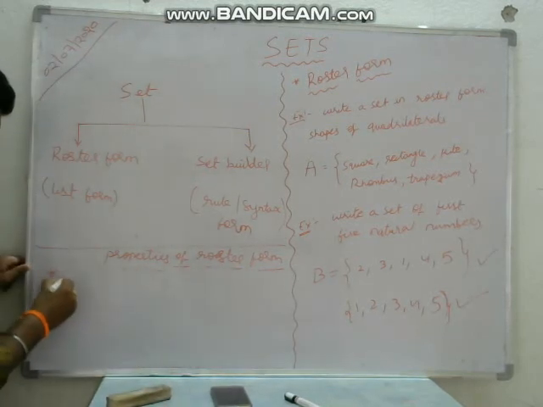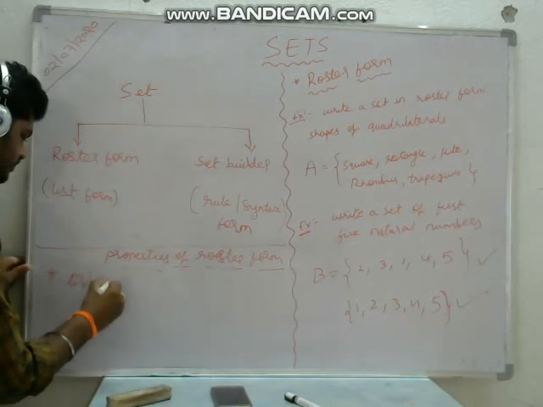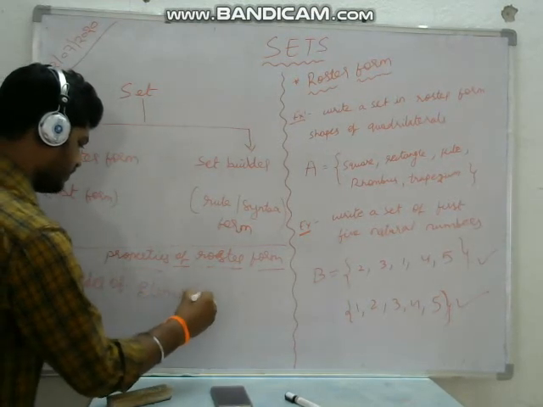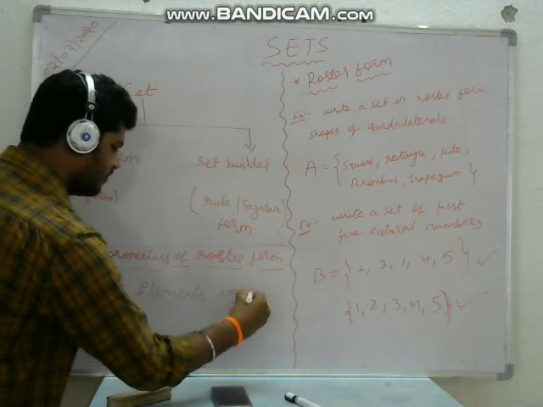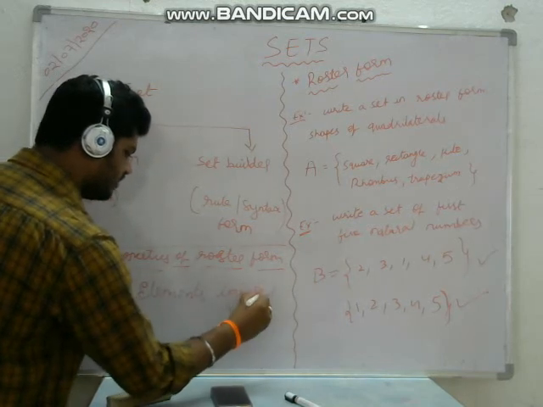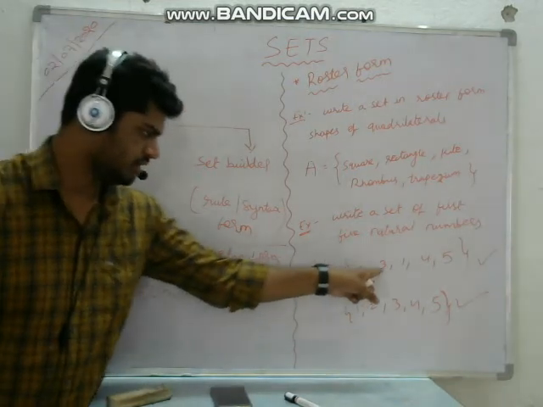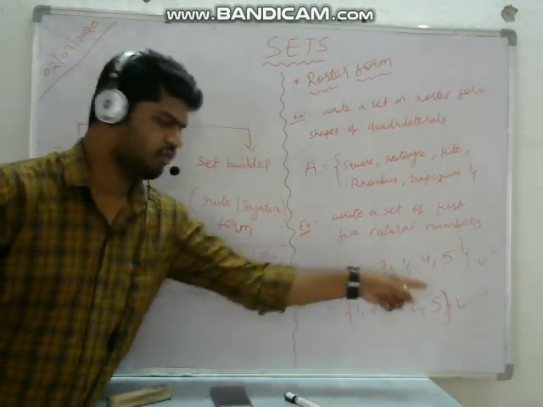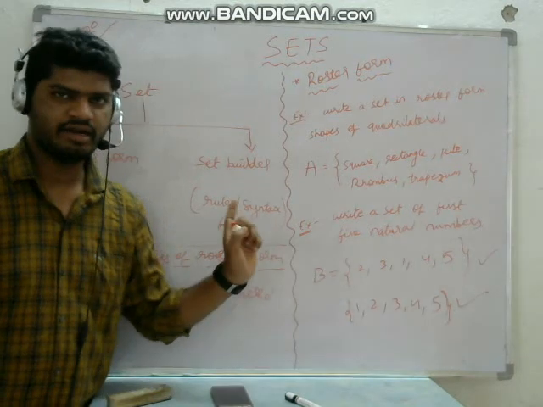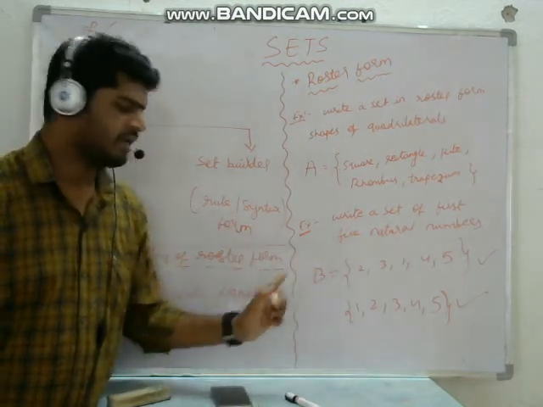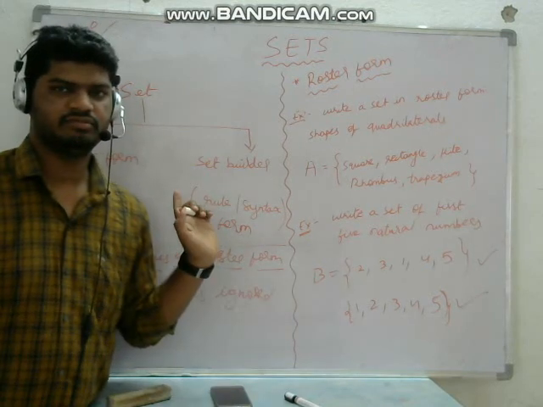First one is order of elements ignored. That means there is no compulsion to write in order. See, this is the example. Here I written 2, 3, 1, 4, 5, correct? Or 1, 2, 3, 4, 5, correct. All these elements are there or not, and those are separated with commas, and those are written in flower brackets, and it is indicated with a capital letter or not, we have to see, right?